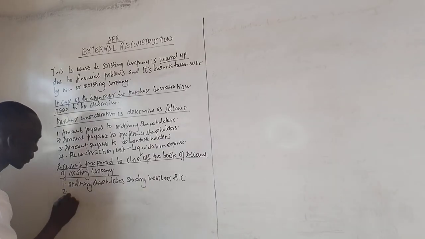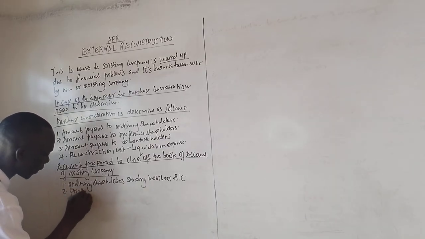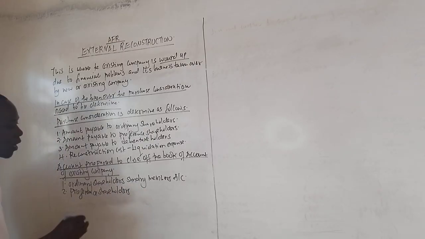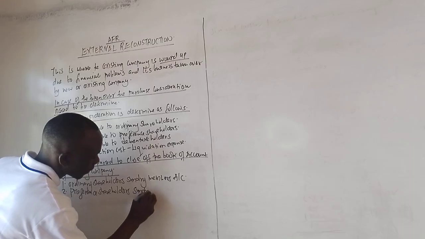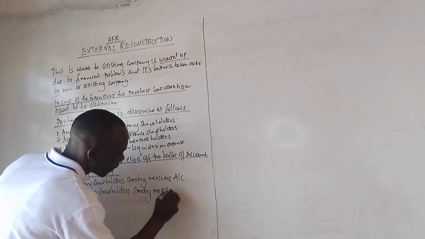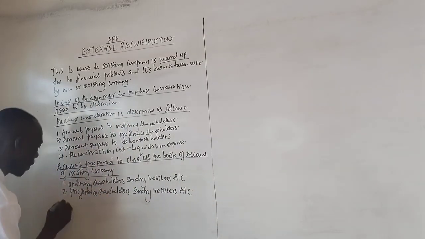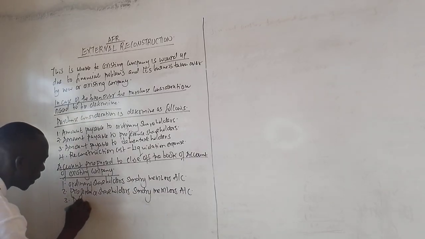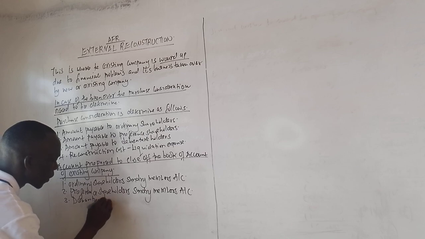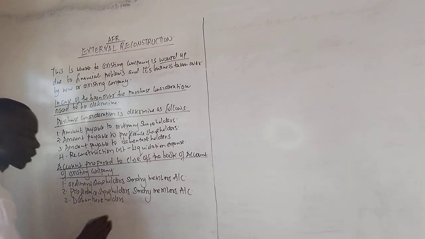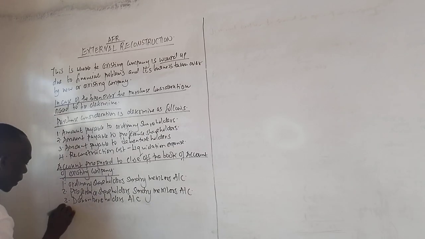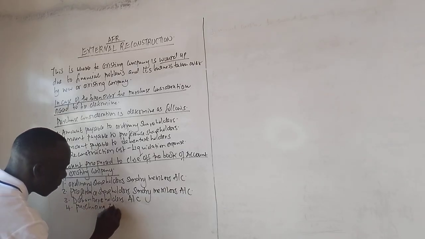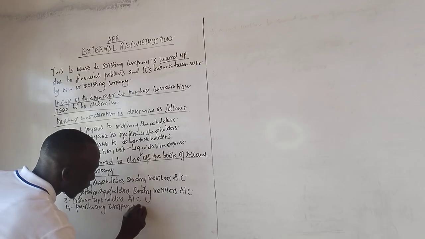Then the second account is the preference shareholders sundry members account. Number 3, the debenture holders account. Number 4, the purchasing company account.